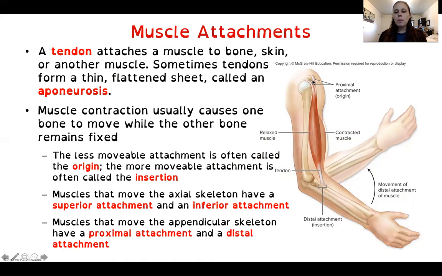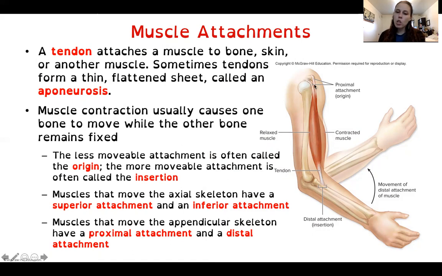Now, in terms of muscles and how they are attached to the bones, we usually have one that is the less movable attachment called the origin, while the insertion is the more movable attachment. And so, for example, in this muscle here, this region is not moving when the muscle is contracting.